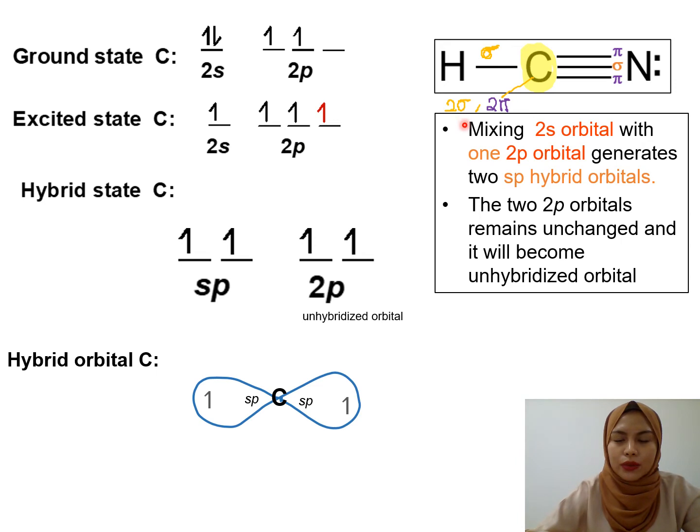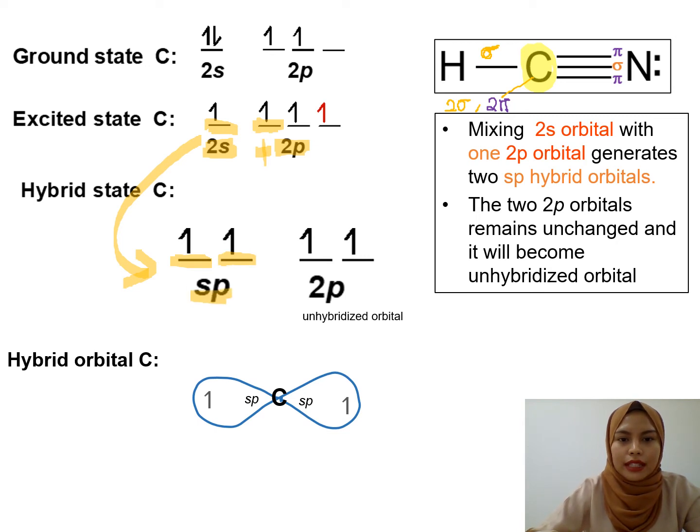Okay, tapi because ada dua sahaja sigma bond, makanya you just need to hybridkan dua orbital, which means you kena hybridkan satu orbital dekat 2s dan juga satu orbital dekat 2p. Okay, so bila you hybridkan mereka dua, then you will get dua new hybrid orbitals sp, okay, yang terlibat di dalam pembikinan sigma bond.